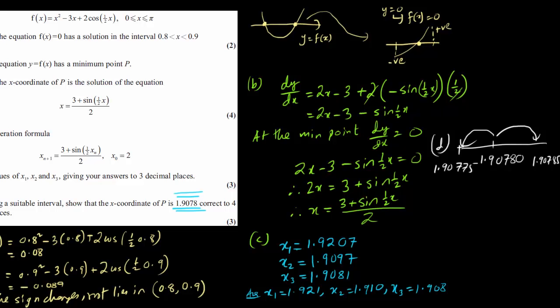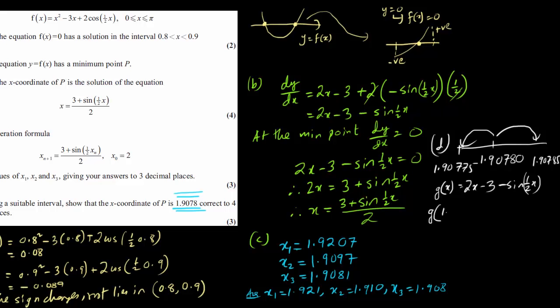Now this is quite tricky. The original equation has to be the one from which you found the root. So here the function, let me call it g(x), is 2x minus 3 minus sine half x. This is what the original equation is, and here is where we have to put the interval, because otherwise it is not going to work.